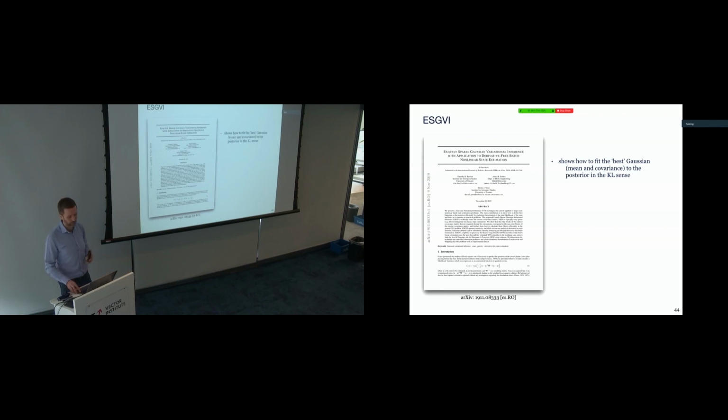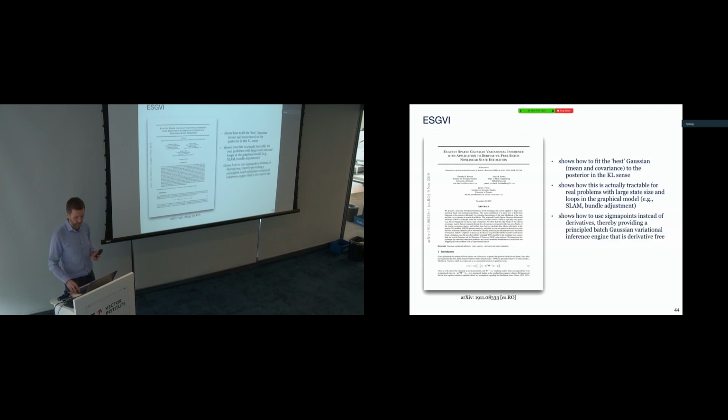But the summary is we basically find the best Gaussian mean and covariance in terms of KL divergence from the true posterior. We show that it's tractable by essentially leveraging the graphical model and the sparsity in it, and we can do it even when there are loops, so our graphical model can be loopy. We also show as a byproduct of this that a bunch of expectations have to be computed, and instead of using the derivatives that we normally do in maximum a posteriori, we use Gaussian quadrature.